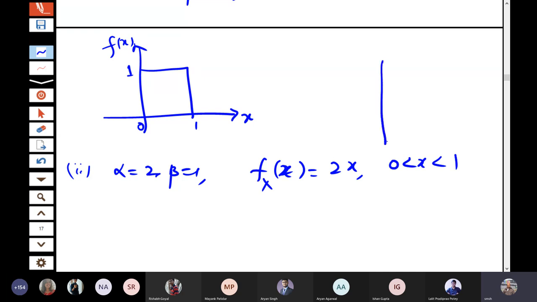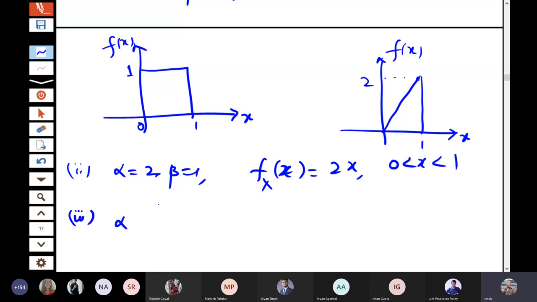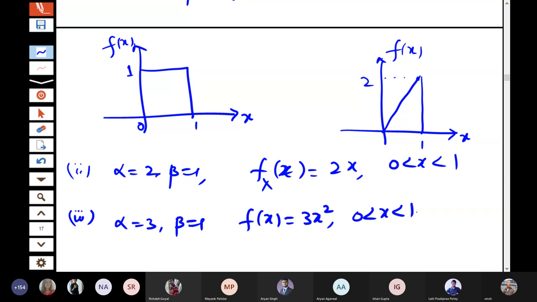So what is the form of this distribution? 2x is simply this form. Similarly, if I increase alpha, suppose I take alpha equal to 3 and beta equal to 1, then I will get 3x square. What will be the form? It will go like this.